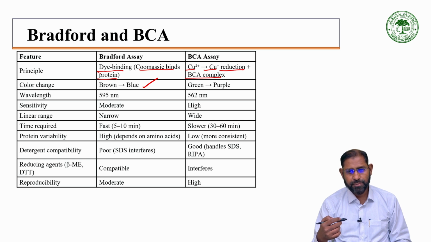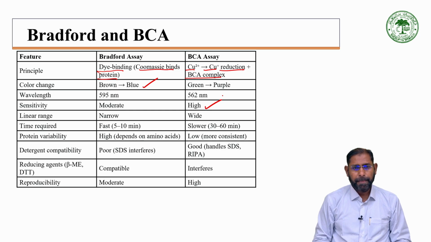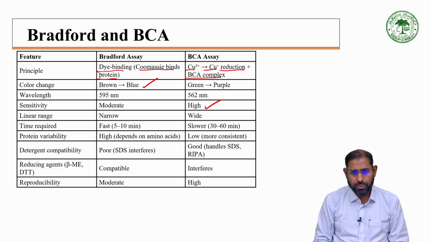The sensitivity of Bradford is moderate, but BCA is very high. For linear range, Bradford has a narrow range, but BCA has a wide range. The time required for Bradford is hardly 5 to 10 minutes, but BCA requires 30 to 60 minutes. The protein variability in the case of Bradford is very high, depending on amino acid, but in the case of BCA it is low, more consistent.